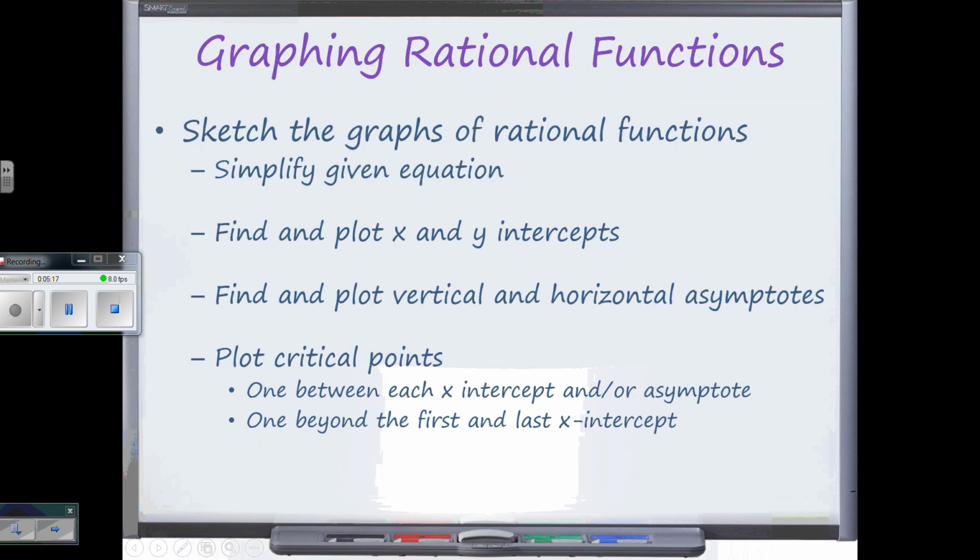All right, sketch the graphs of rational functions. Simplify the given equation. Find and plot your x and y intercepts. What is x when y is 0? What is y when x is 0? Find and plot vertical and horizontal asymptotes. I just told you how. Plot a few critical points between all and around all your asymptotes, and then sketch in your graph.